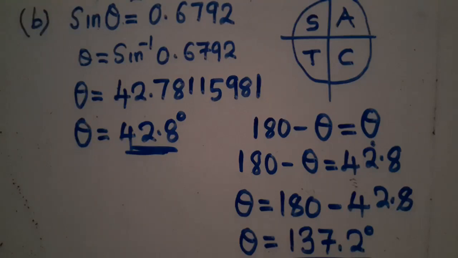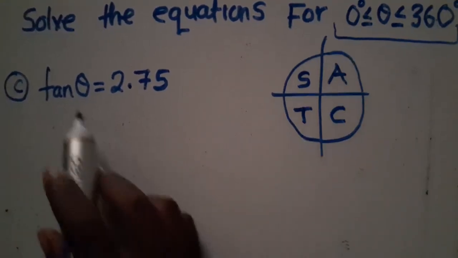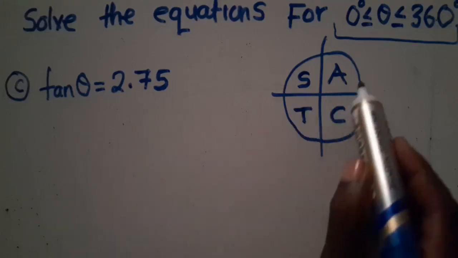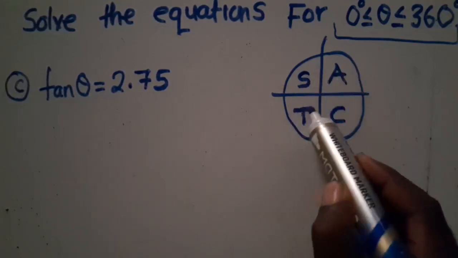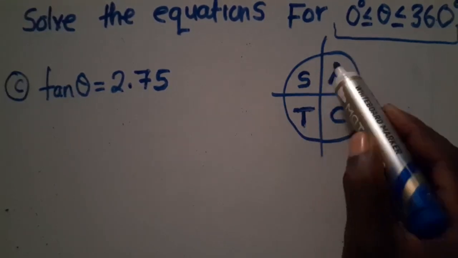Let us now look at the last one, which is having tan. How can you answer this question? There is nothing here, so all these are positives. We look at where tan is positive. Tan is positive in the third quadrant and in the first quadrant.